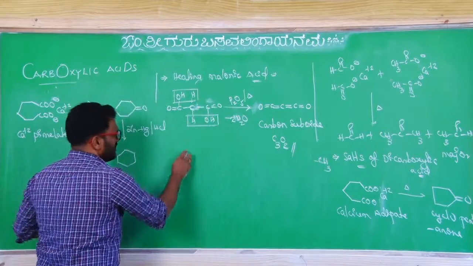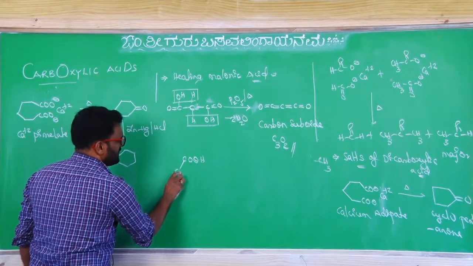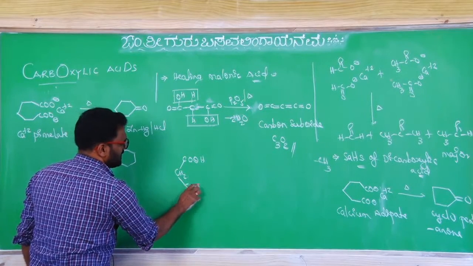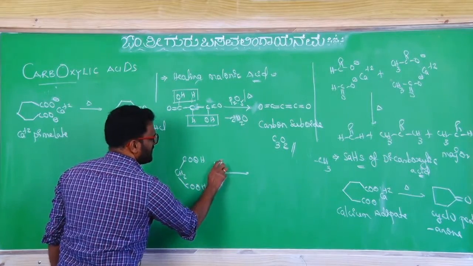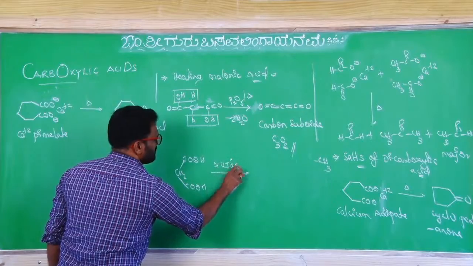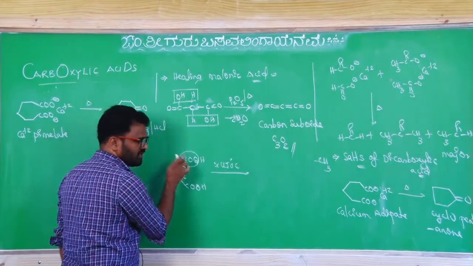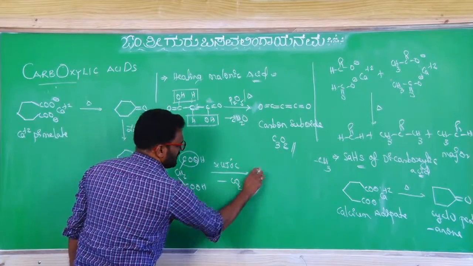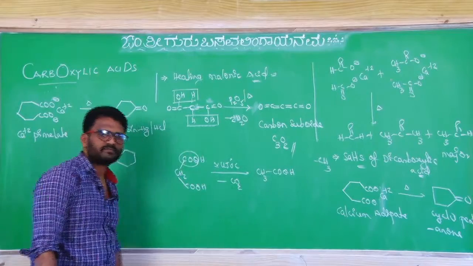Next, the same malonic acid, if you heat it at approximately 450 degrees Celsius, what will you get? There will be a loss of carbon dioxide, only one carbon dioxide. Then you will get the product acetic acid.